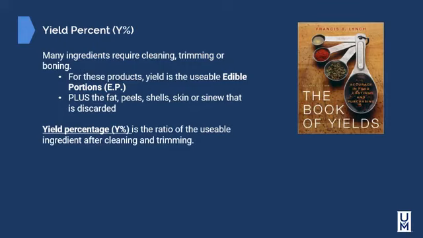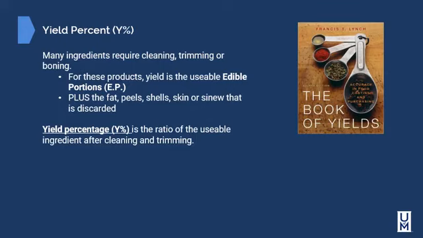A lot of ingredients have a lot of different yields. Because of that, we tend to use what is known as the Book of Yields. This can be downloaded or found on the internet, and it allows you to look up really quickly what the yield percentage of an item is. Let's say, for instance, I need to know the yield percentage of broccoli.